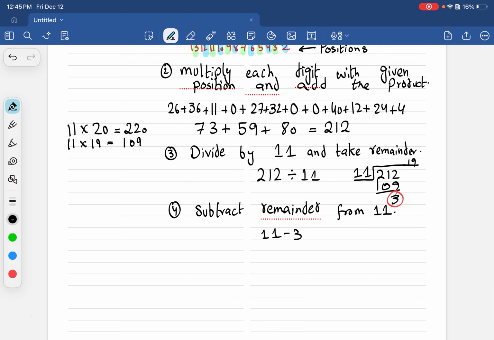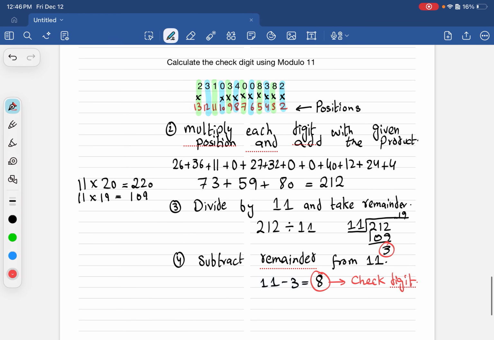So 11 minus 3, that is going to be a total of 8. So this 8 is going to be our check digit. All right. So that's a quick revision on modulo 11.